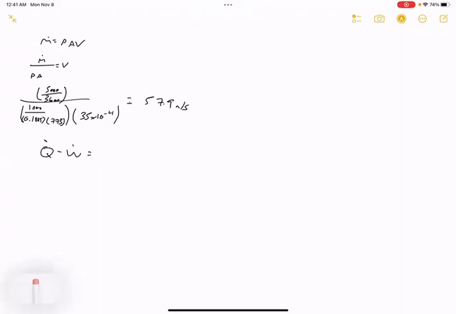We're going to have m dot times H2 minus H1 plus some kinetic energy, V2 squared over 2,000 minus V1 squared over 2,000. The reason I'm dividing by 2,000 is to keep everything in terms of kilojoules, because generally that's what we express energy in, but you could do it either way. Keep in mind that you want to be consistent as always.